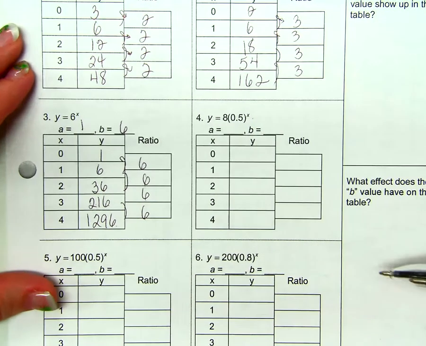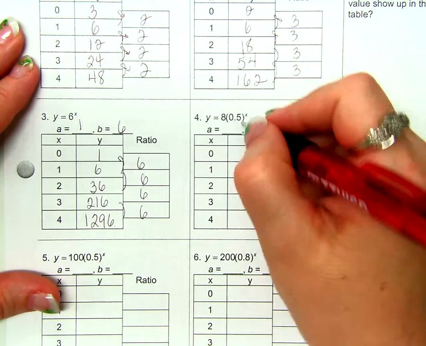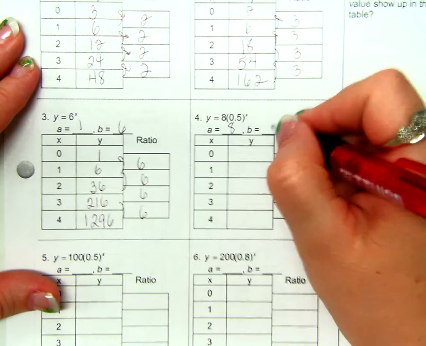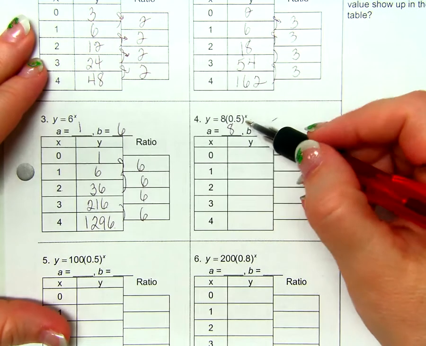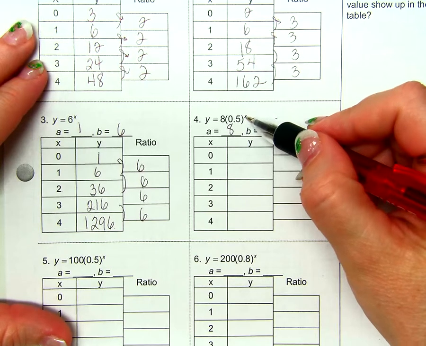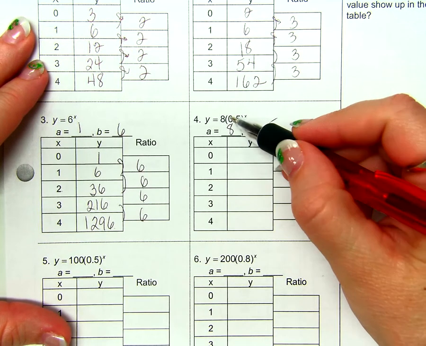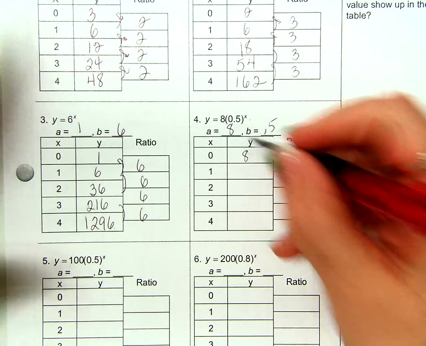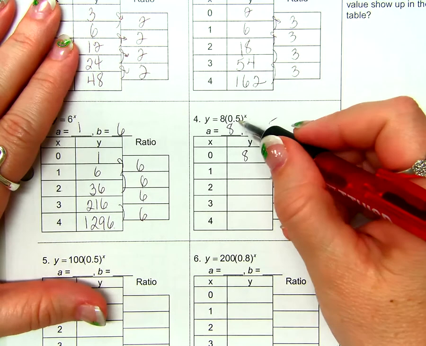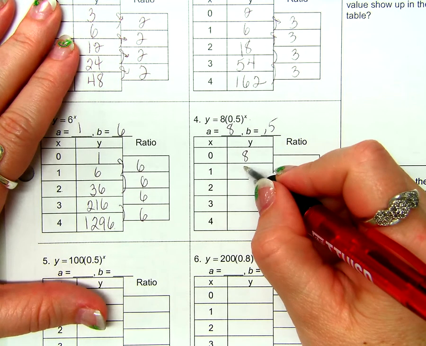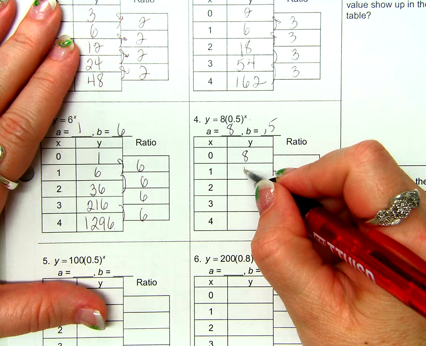Now what about number 4? What's A? 8. What's B? 0.5. Okay? Alright, here we go. 0.5 to the 0 power. 1 times 8? 8. 0.5 to the first power. 0.5 times 8? Half of 8? 4.